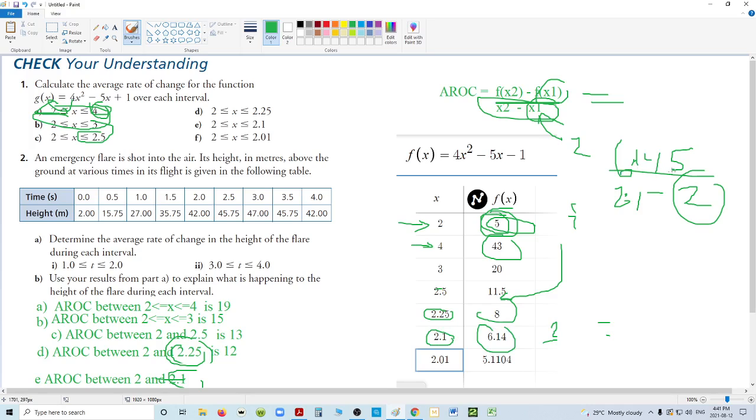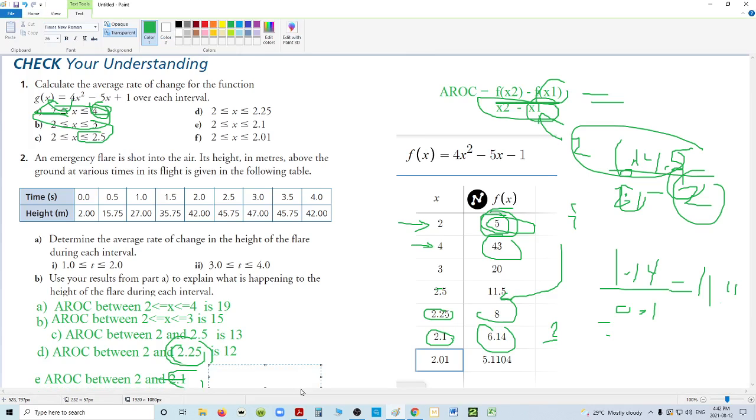So now I have to subtract 6.14 minus 5 up here, and I get 1.14, and I have to divide it by, what's 2.1 minus 2? 0.1. And you're going to discover that this is 11.4. So that means my average rate of change between x values 2 and 2.1 is 11.4.